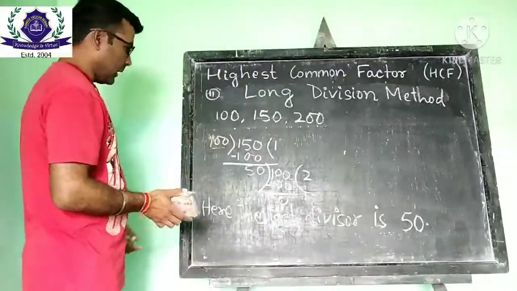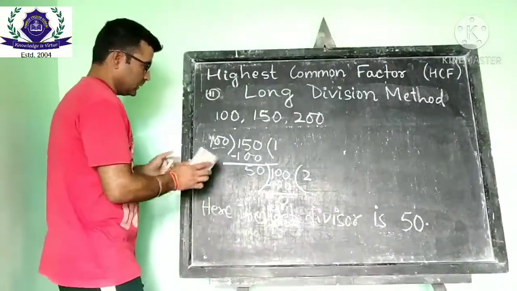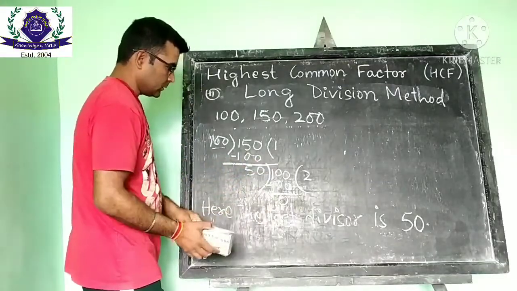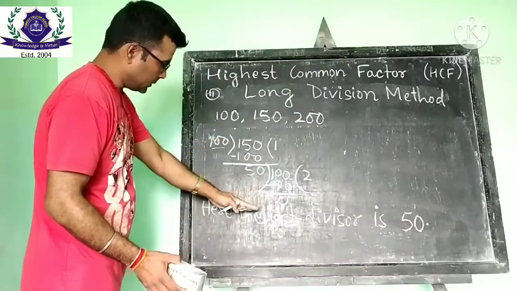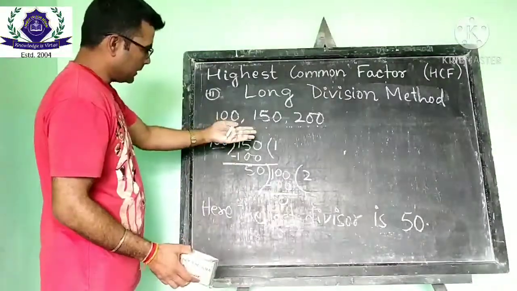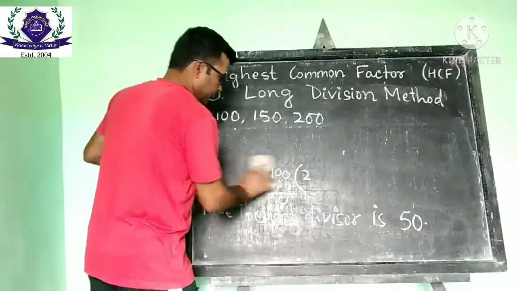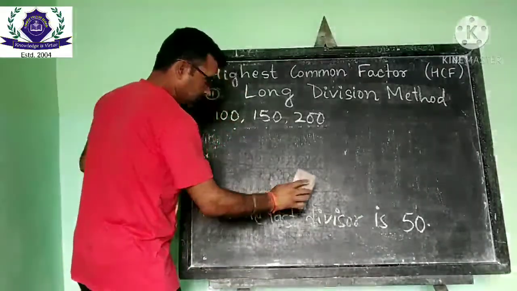After this I am going to draw it because there is no place to write below this. So students, you can copy down up to here, then whatever I write after drawing this, you have to continue below. So here the last divisor is 50.